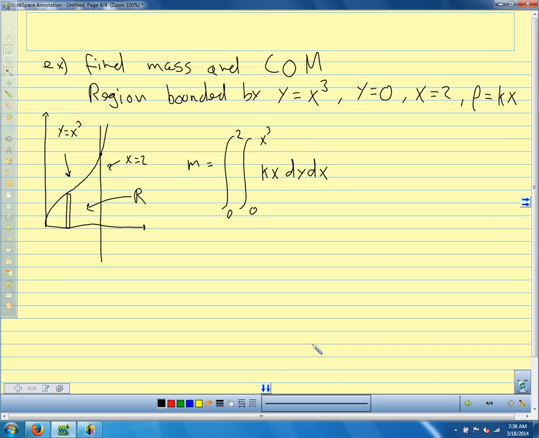Nice easy integral to evaluate. Oh, it looks like it's windy outside. We just end up with a polynomial. When we evaluate this out, this comes out to 32k over 5.